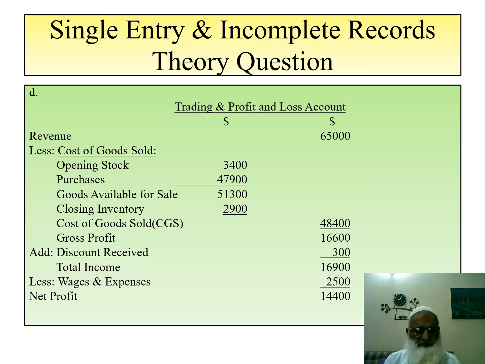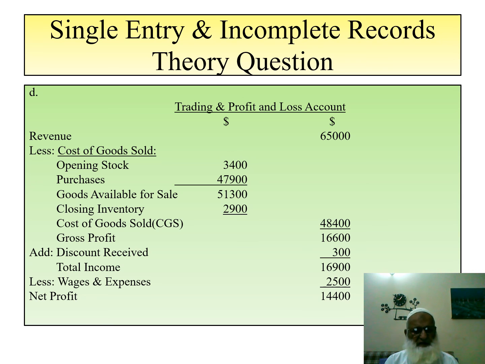Closing inventory is also given, that is 2,900, and if we deduct 2,900 from 51,300, we get the cost of goods sold, which is 48,400. Deducting cost of goods sold from the total revenue received, we get the gross profit 16,600, and we have to add back the discount received.